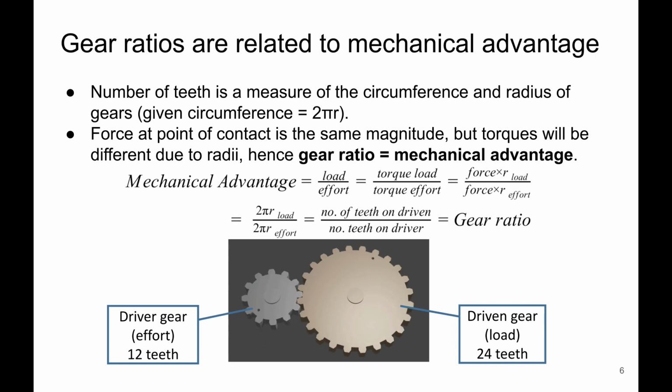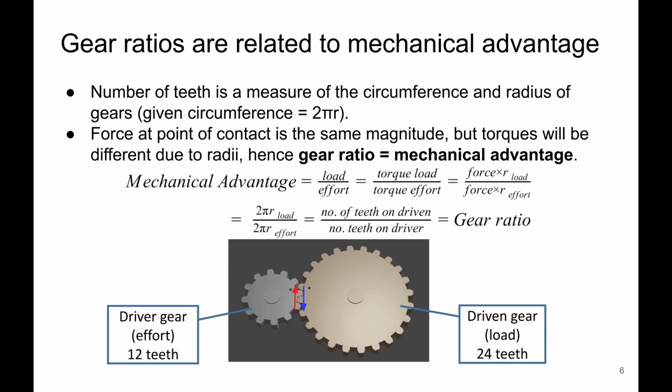Now we'll see how this radius comes into play when we talk about torque or moments of force. If we look at the animation provided in the diagram below, we'll see that there is a force, depicted by the red arrow, that is applied by the driver gear onto the driven gear, and there is an equal and opposite force that the driven gear applies back on the driver gear.